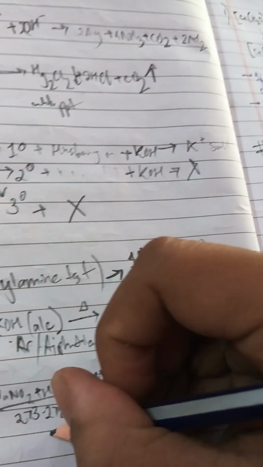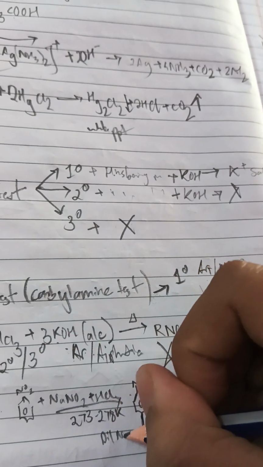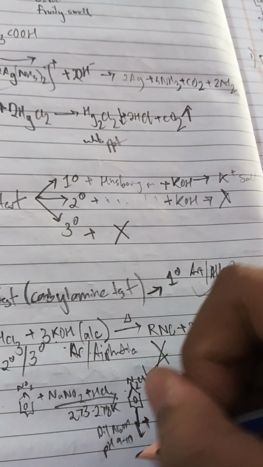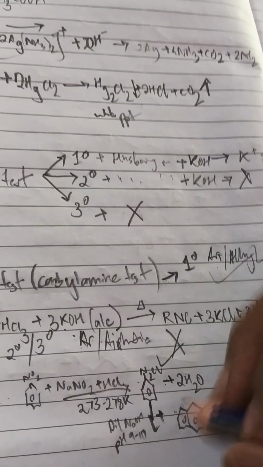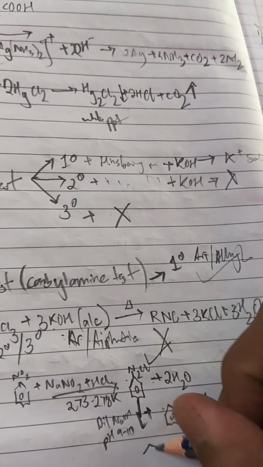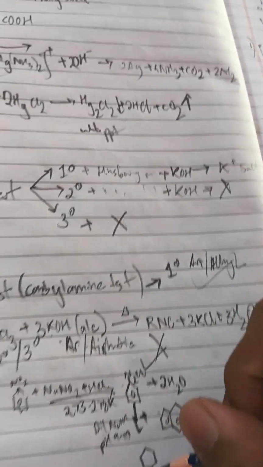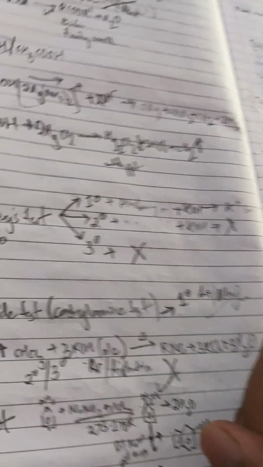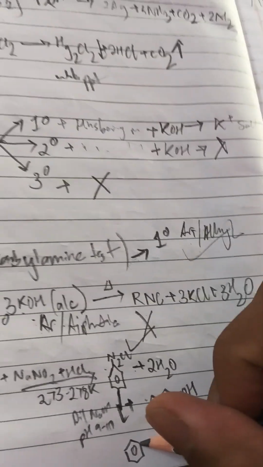At what temperature and what? Dilute NaOH, but at pH 9 to 10. Very, very, very basic. So what does it make? I just now taught you about the 2,4-DNP test, about how the chemical reactions of amines occur with aldehydes and ketones. Same thing is happening here.